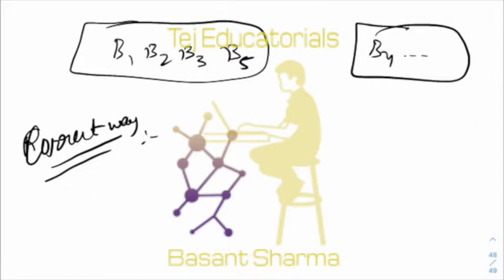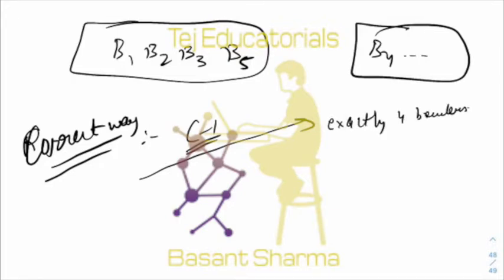Now what is the right way to do it? I told you that whenever you have something like at least or at most, you should convert it to exactly. So case one would be exactly 4 bowlers are selected.